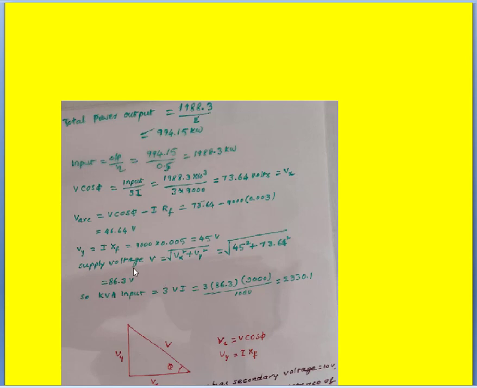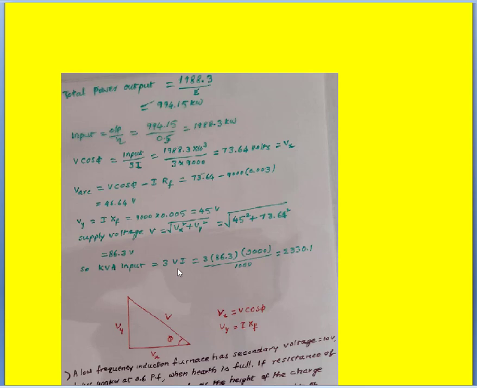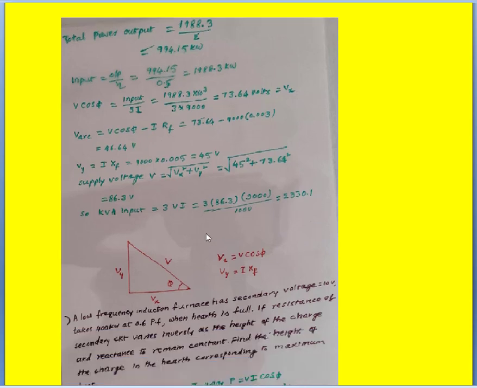Once we know the supply voltage and the current flowing in the furnace, we can calculate the input kVA, that is nothing but 3 into V into I. So V is 86.3 volts, into I, which is 9000 amperes, divided by 1000, and we get 2330.1 kVA for this furnace.